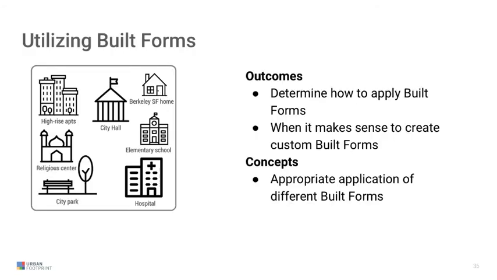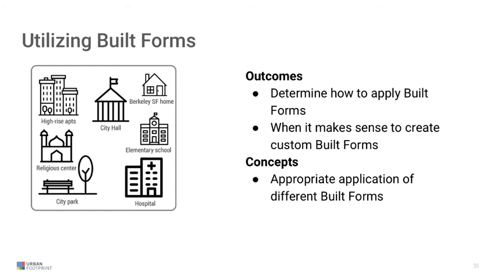So now that we have a better understanding of the different elements that are part of the built form manager, you remember we went through components, we went through building types and then place types. It's good to take a step now and determine how to apply these built forms.